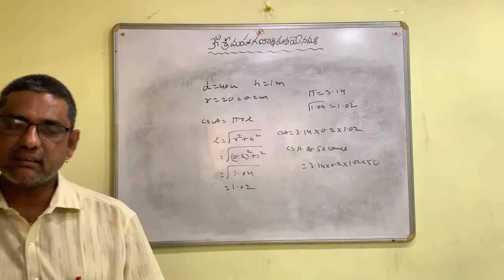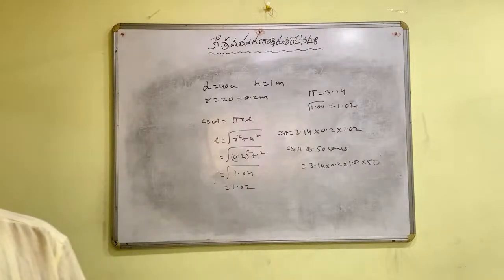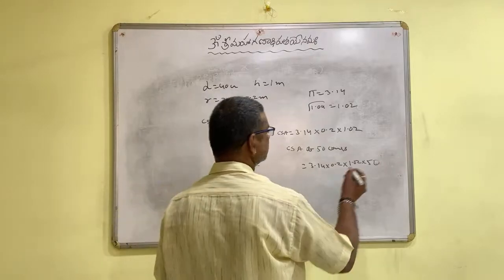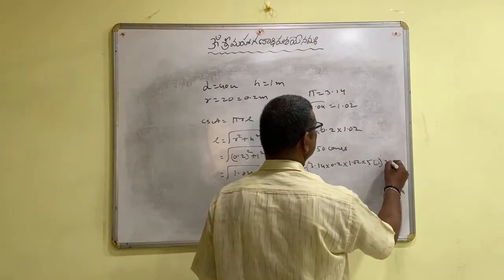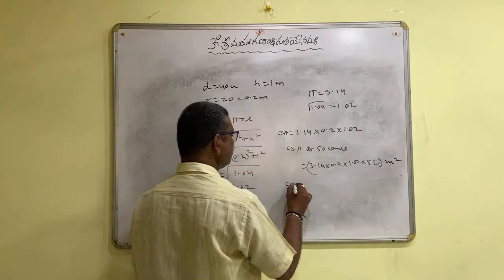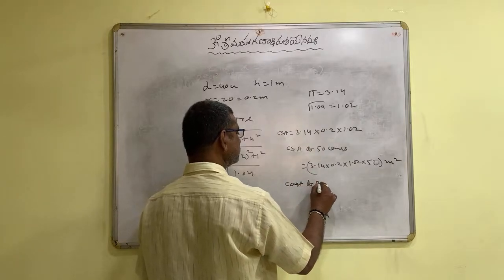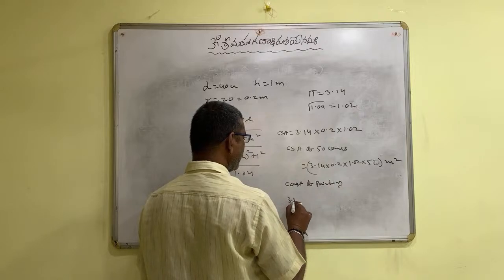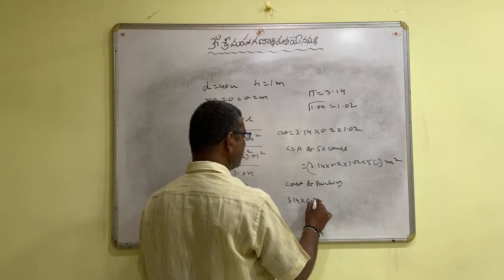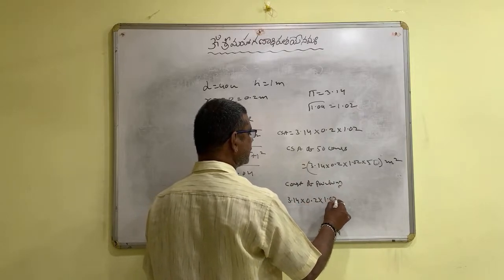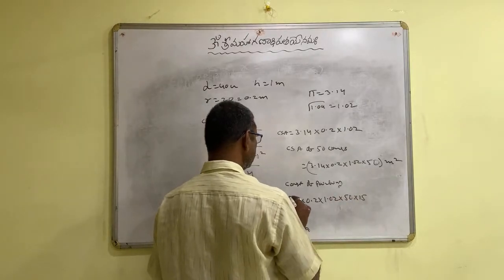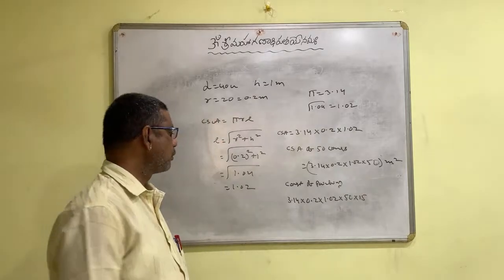And after that, find the cost by multiplying it with 15. Now cost of painting is 3.14 into 0.2 into 1.02 into 50 into 15. This is in rupees.